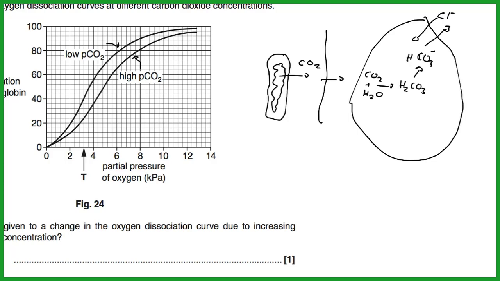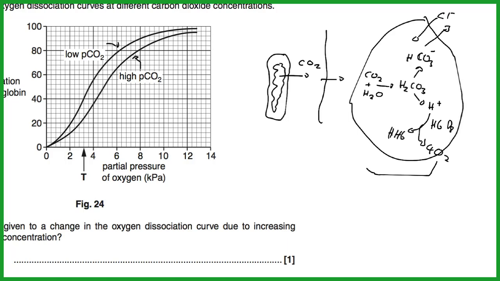Now, the dissociation of the carbonic acid produces hydrogen ions, which lowers the pH. Those hydrogen ions then join with oxyhemoglobin and produce haemoglobinic acid. And that causes the dissociation of the oxygen.